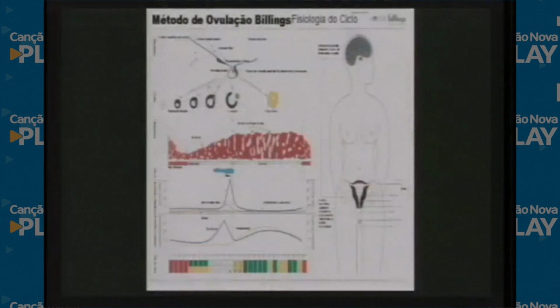The next line in red shows us what is happening with the endometrium. The beginning of that shows the bleeding, the shedding that occurs at menstruation.